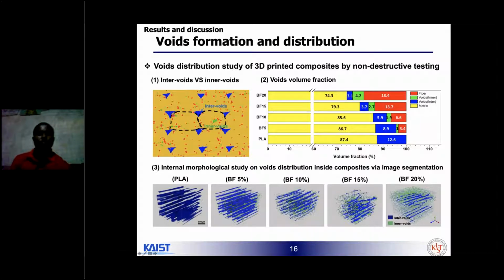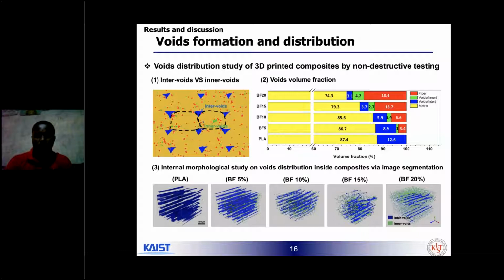The first one is the blue color intervoid, which can be formed between the interface between interfilaments. The other one is the green color inner void, which is microsized and scattered throughout the composite. They can be formed due to the weak interface between fiber and matrix.